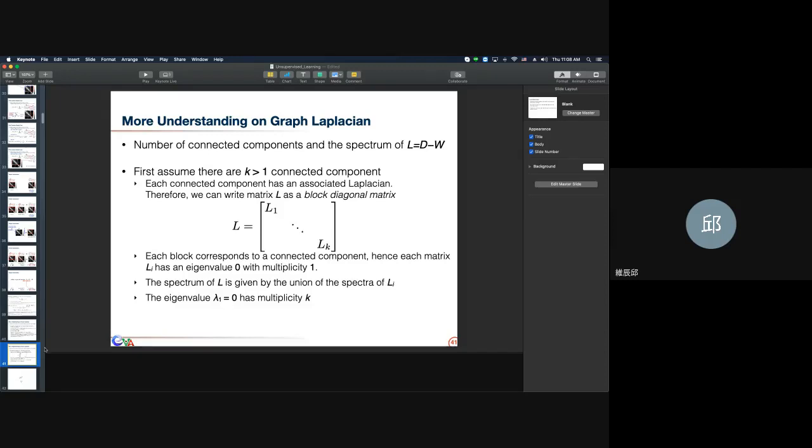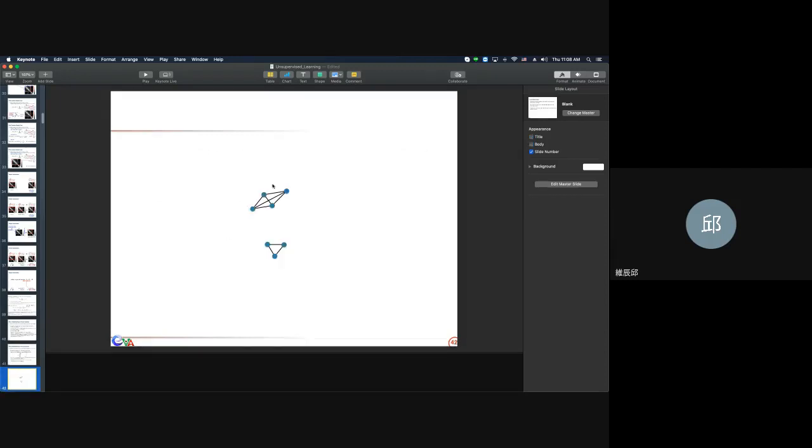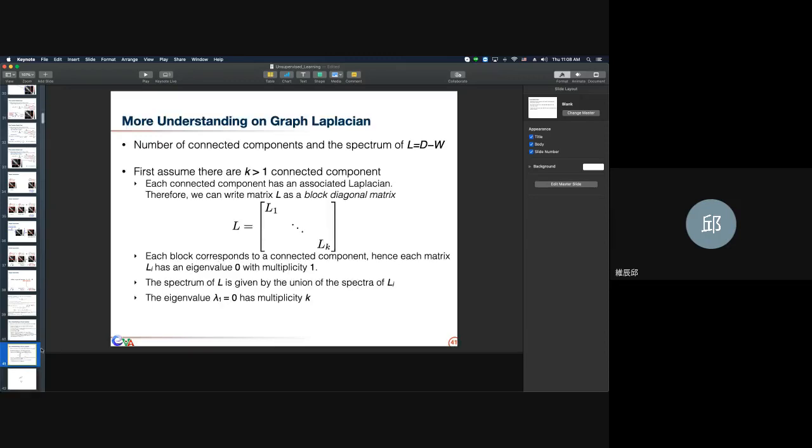Instead of directly drawing out the graph representation in this way, we can simply use the computation L equal to D minus W, and then perform some analysis on the matrix L. Then we are able to understand how many connected components you are going to have in this similarity graph.